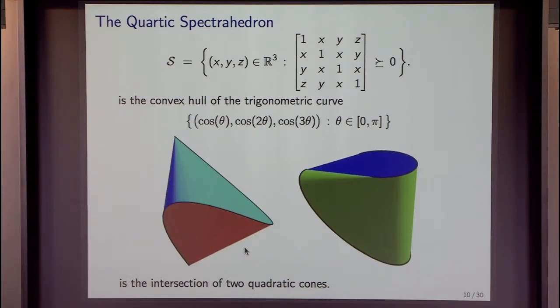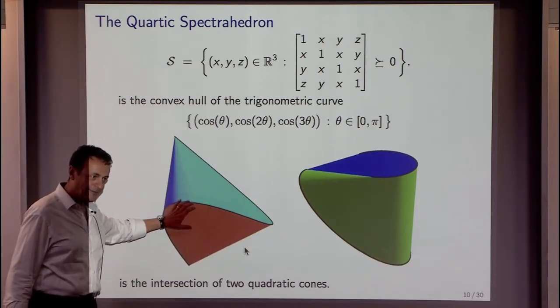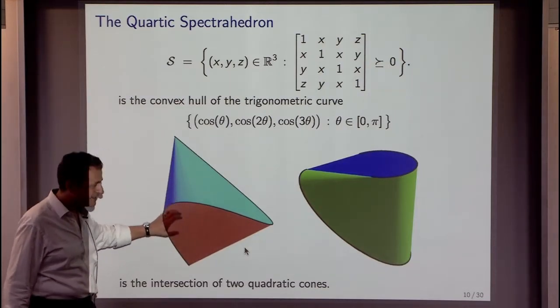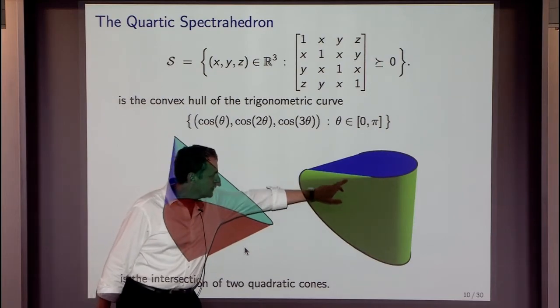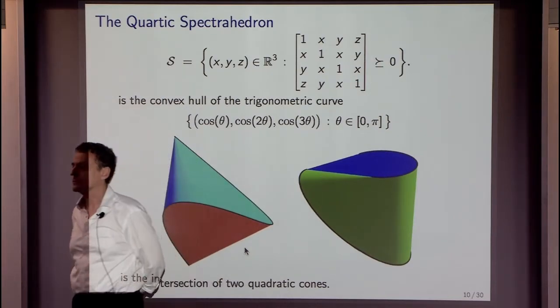It is a feature of spectrahedra that every face is exposed. In a spectrahedron, every face is an exposed face. So therefore, the class of spectrahedra is not closed under duality, right? Because here I have a spectrahedron, every face is exposed. Here I have the dual of a spectrahedron, it has a face that's not exposed.